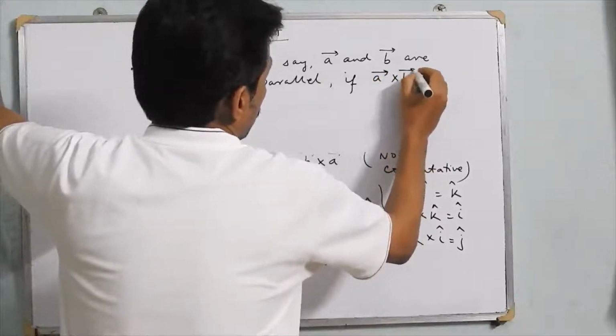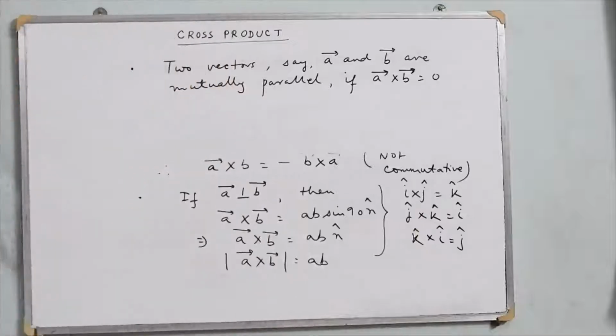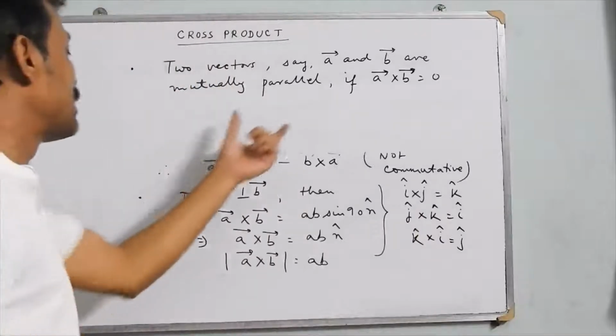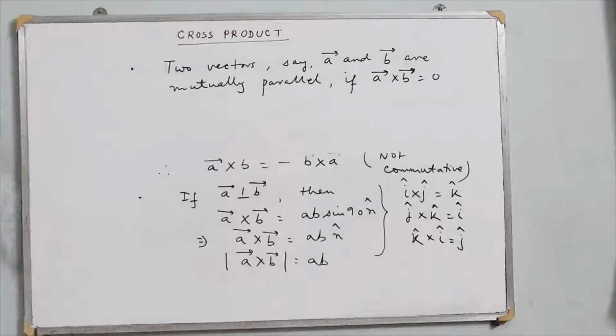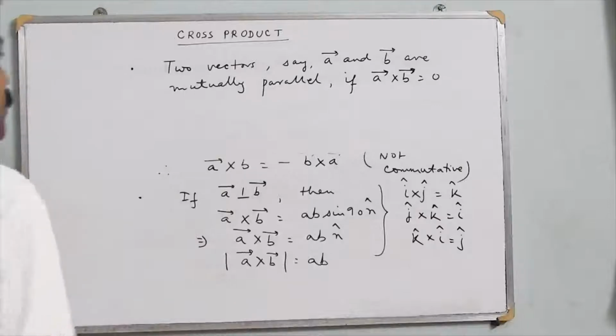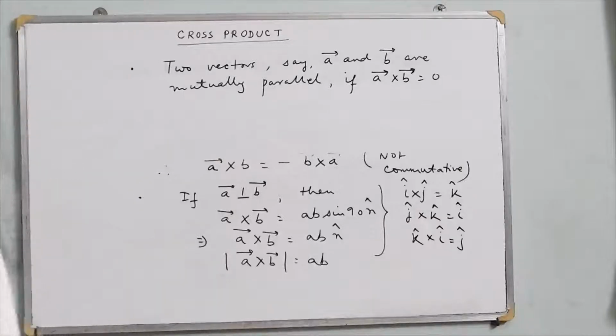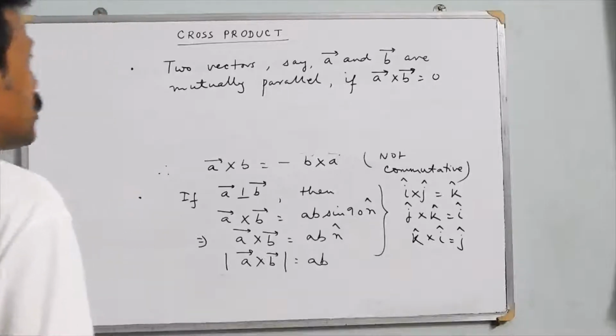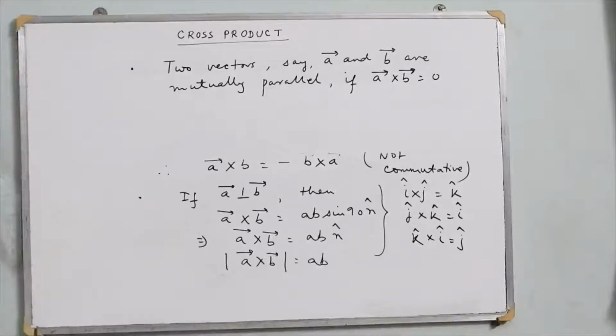So this is a necessary and a sufficient condition to express the parallelism of two vectors. Two vectors are parallel if their cross product is 0. While studying dot products, we also realized that two vectors are necessarily perpendicular if their dot product is 0.